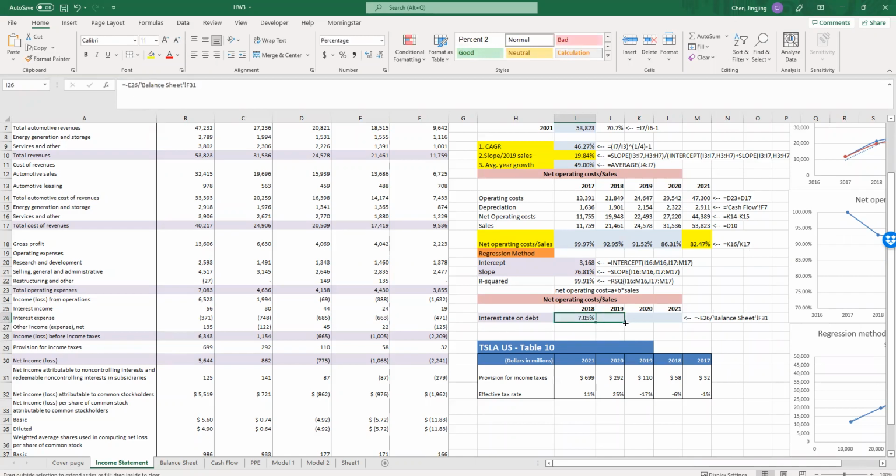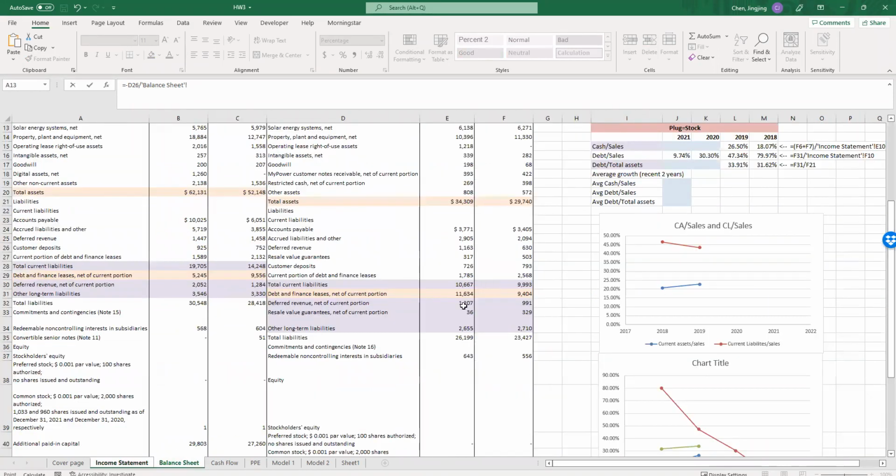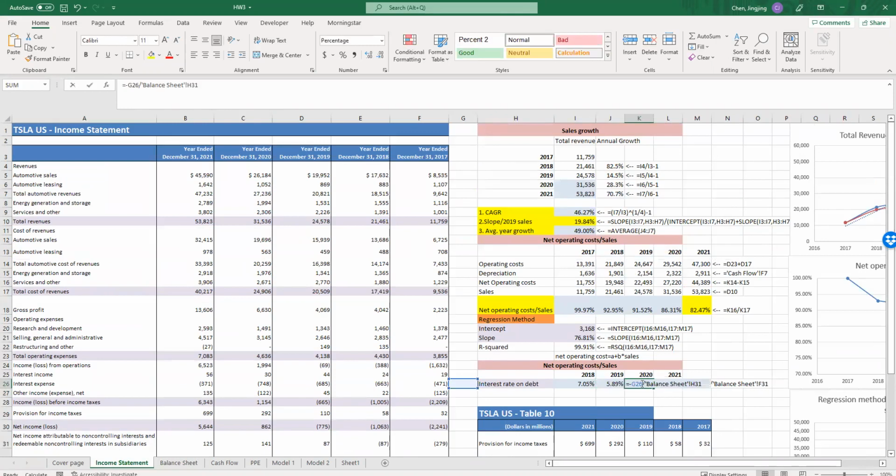Okay, and I can drag it, but the number will be weird. So I need to put it here for 2019. And then for the balance sheet, this one is in here for 2019, and for 2020, it's here.